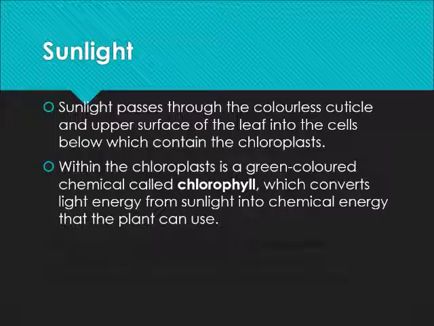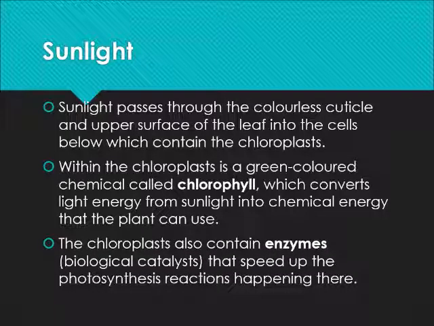Within the chloroplast is that green coloured stuff called chlorophyll, and that's the chemical that allows this conversion from light energy, from sunlight, into chemical energy, and that creates the glucose and oxygen. These chloroplasts also contain enzymes that speed up the reaction. It's a bit like a catalyst, and it helps the reaction go faster.